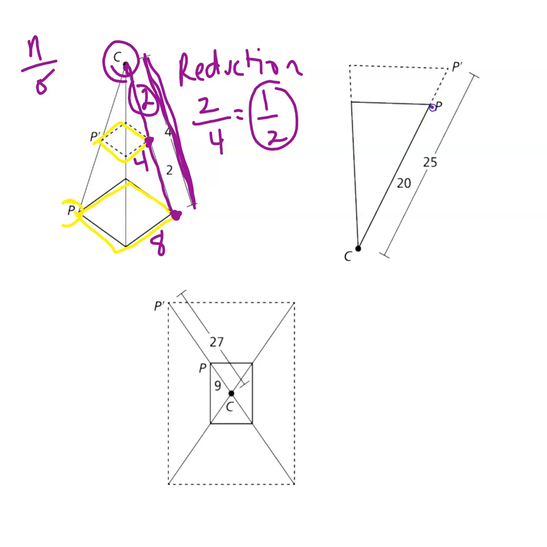So if you look at this one here, P, the original point, is how far the center of dilation actually happens to be on the figure. In this one, the center of dilation is C. That distance is 20. The new distance is from C all the way to P prime. That's 25. So we'll notice that this shape got larger, so that's an enlargement.